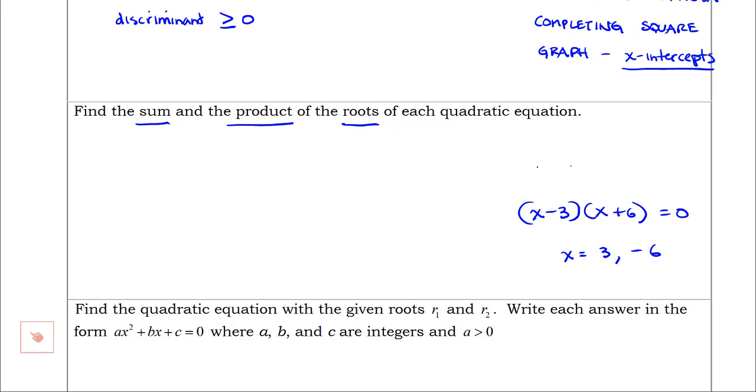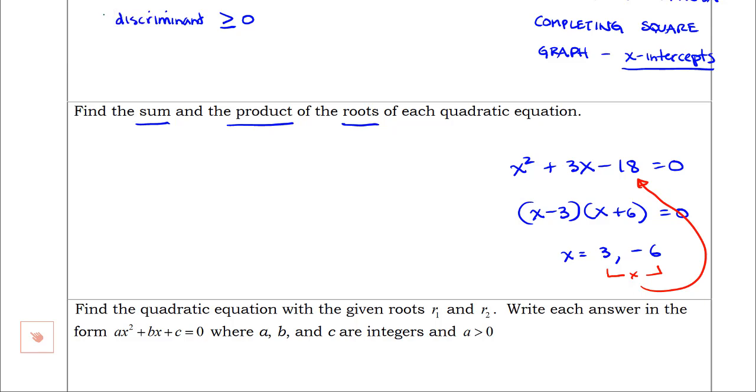If I go back, was this the original problem? Yeah? Notice, if I multiply these two, I get the last term.